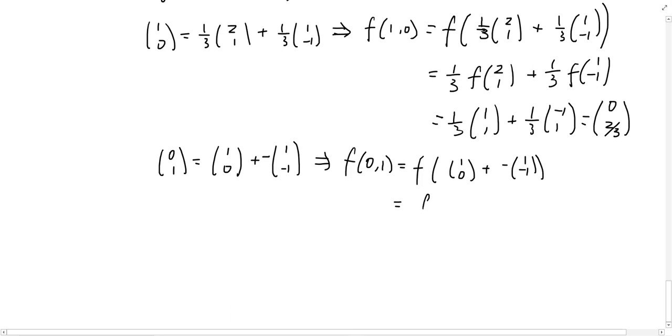And so that just equals f of (1, 0) minus f of (1, -1). And f of (1, 0) is (0, 2/3), and then minus f of (1, -1) is (-1, 1).